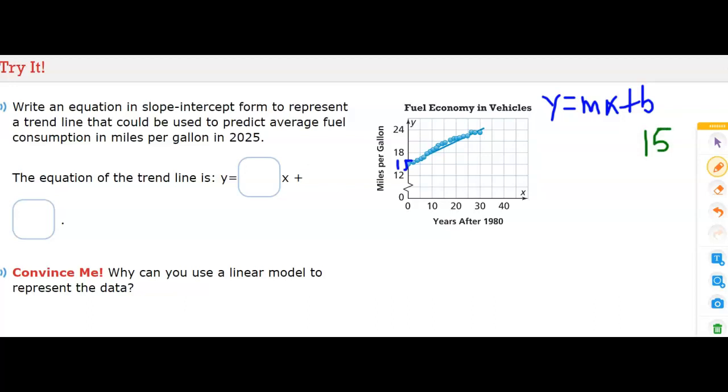Now to find what our m is, which is the slope, we have to use another formula. I'm going to write it over here. y2 minus y1 over x2 minus x1.